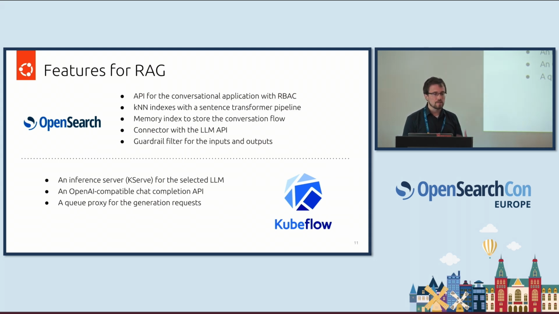We have all the functionalities of OpenSearch integrated with LLMs. And for Kubeflow, we have KServe, and we have other functionalities for you to, if you want to train any model, actually, it will provide you with very good management of your pipelines, so you can fine-tune your model.